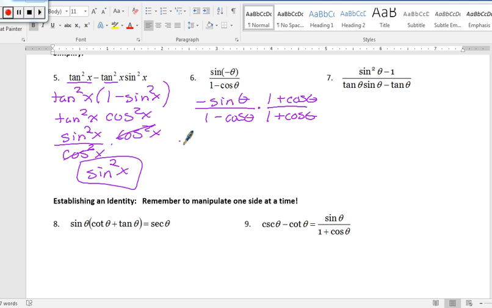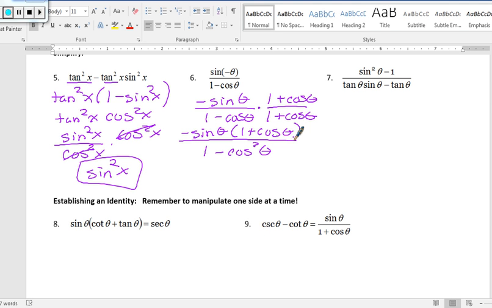Alright, so for the denominator here, we're going to get 1 minus cosine squared theta. When we multiply by a conjugate, the O and the I of the FOIL will drop. And I'm going to leave this one just as it is. I'm not going to distribute it at this time. I want to see what I get.